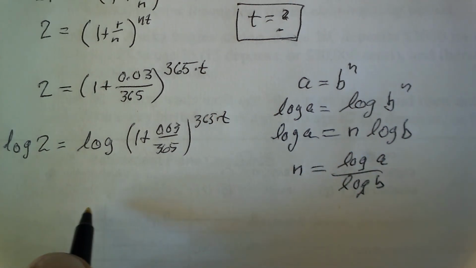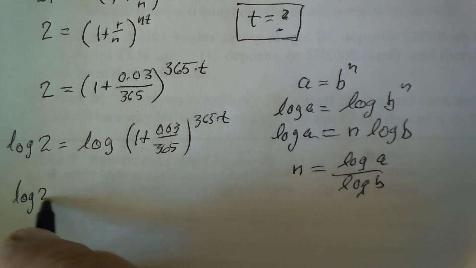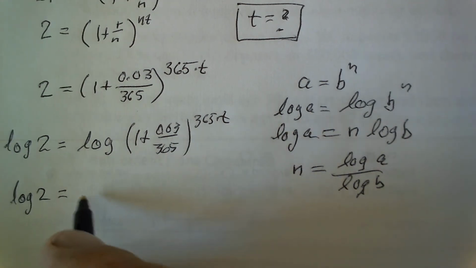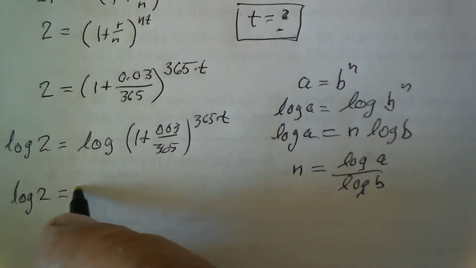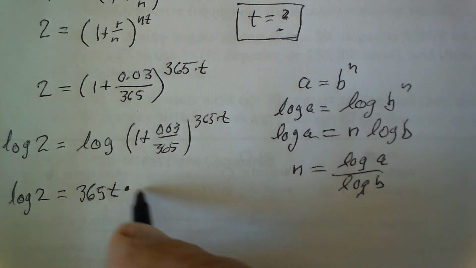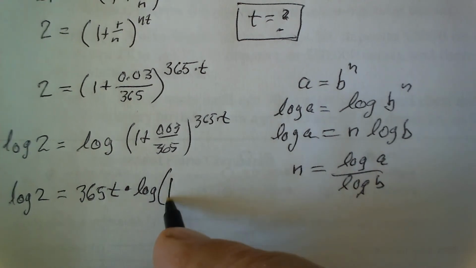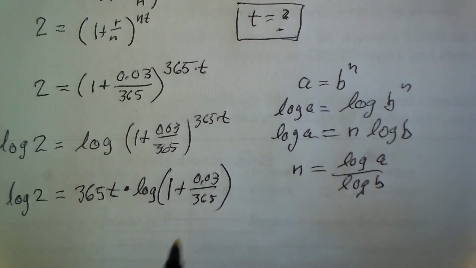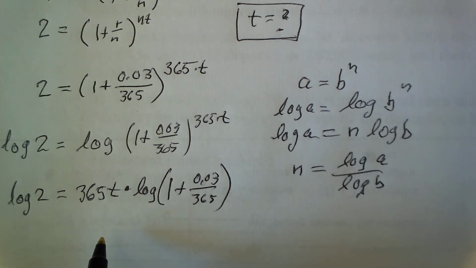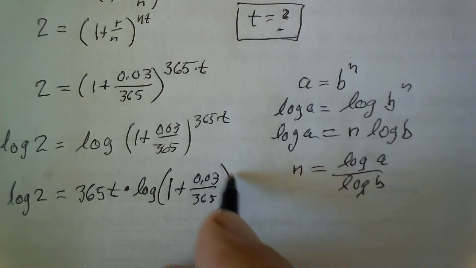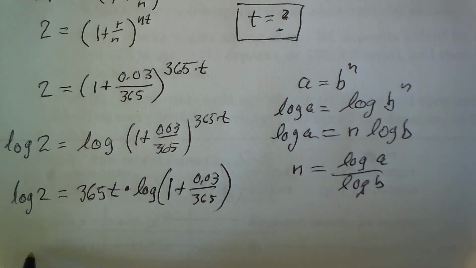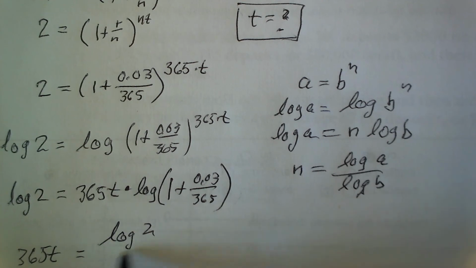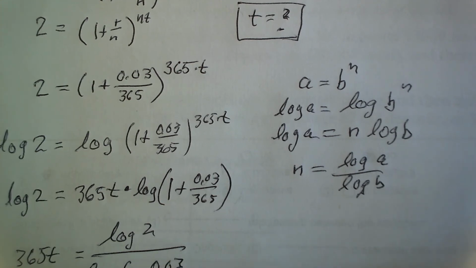And that then is equal to the log of 2 equals, and now we multiply this expression by 365t: 365t times the log of 1 plus 0.03 divided by 365. Let's divide by this expression first. So 365t equals the log of 2 divided by the log of 1 plus 0.03 divided by 365.